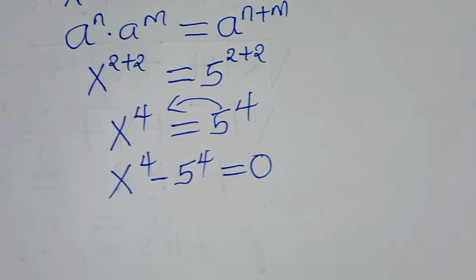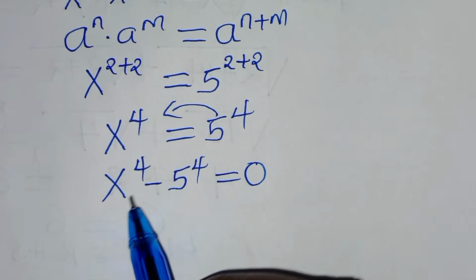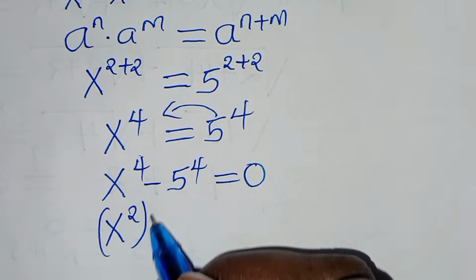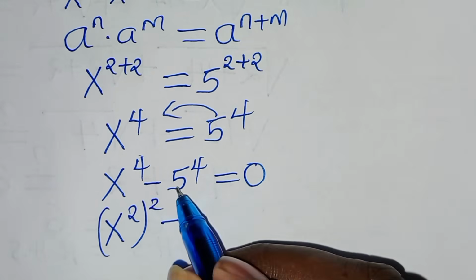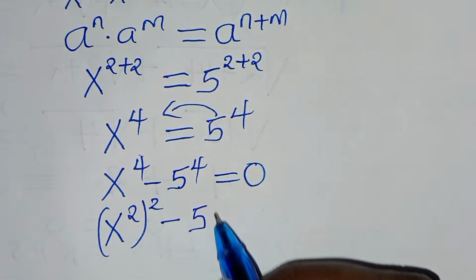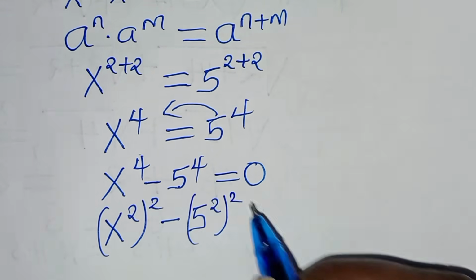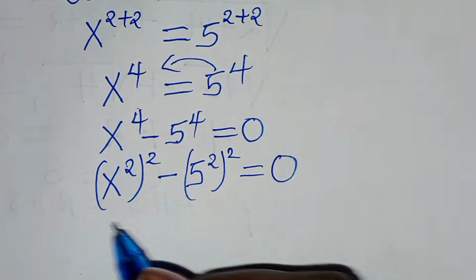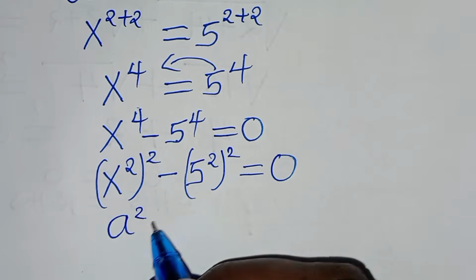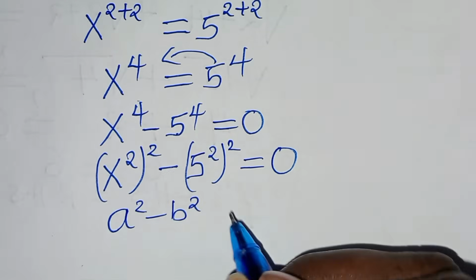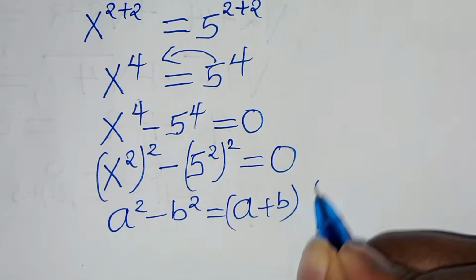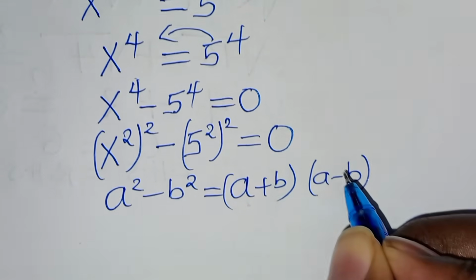Now, we can express x to the power of 4 as x squared raised to power 2, minus 5 to the power of 4, which is 5 squared squared, equal to 0. This equation is in the form of a squared minus b squared, which we can express as a plus b, a minus b.